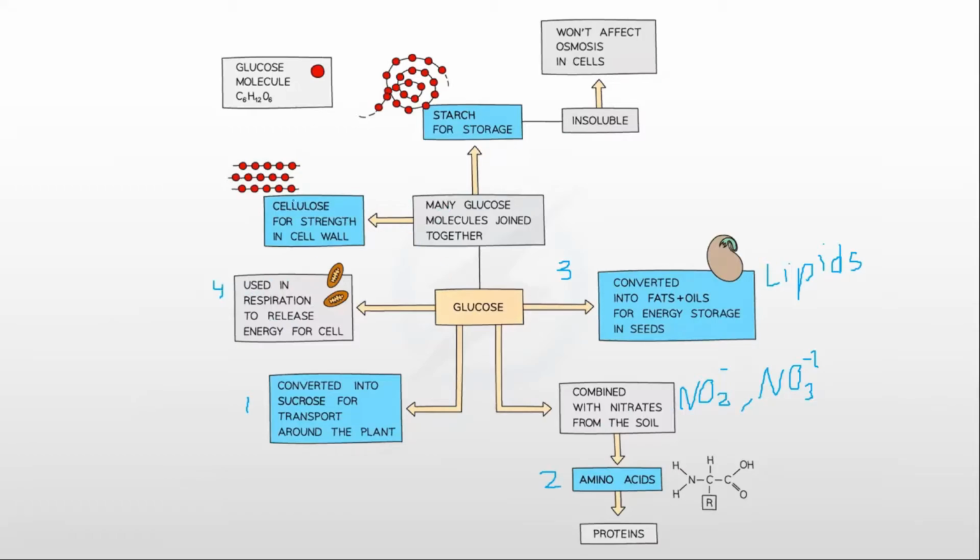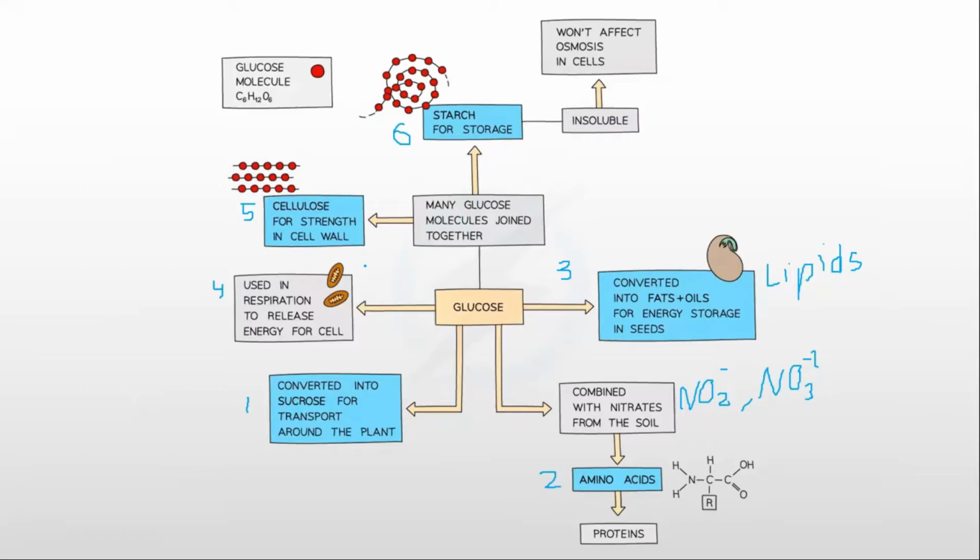Moreover, glucose can be converted into cellulose for cell wall. It can be converted into starch for storage. Hence, starch is an insoluble molecule which won't affect osmosis in cells.